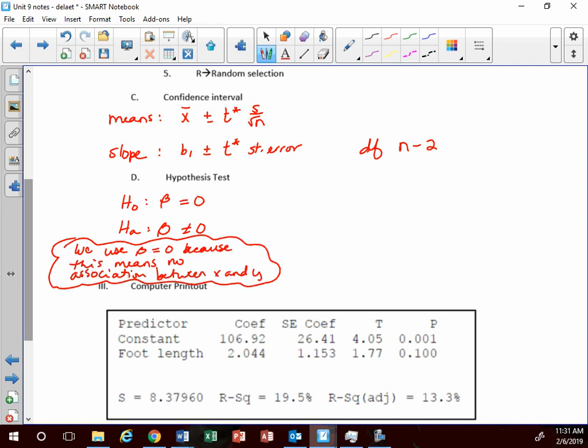It'd be like your scatter plot of your data points is just a big cloud, and so your regression line has a slope of 0 because there's absolutely no association, positive or negative, between the two. If it is somewhat linear, then you can find a slope, either positive or negative, through those points. Okay? But again, we're looking at linear stuff now.